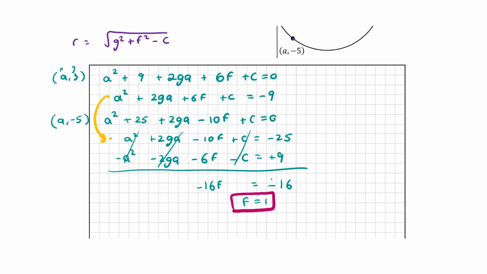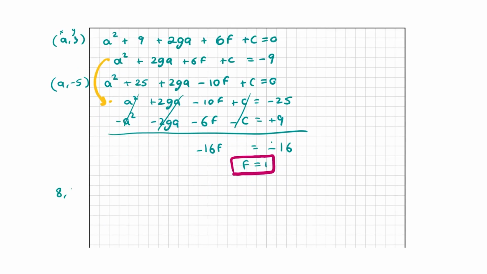Now the next thing we're going to do is use the third point, and that point is (8, 1). So let's fill in the equation for (8, 1), and then we know what f is, so we can fill that in this time. So (8, 1), x, y. So we have 8 squared, which is 64, plus 1, plus 2gx, which is going to be 16g, plus 2fy, which is going to be 2 by 1, which is just 2, plus c is equal to 0.